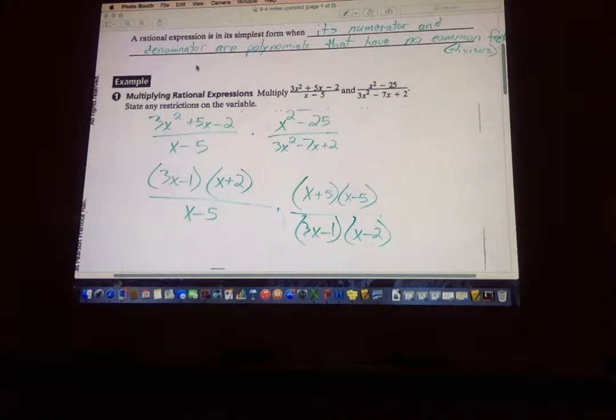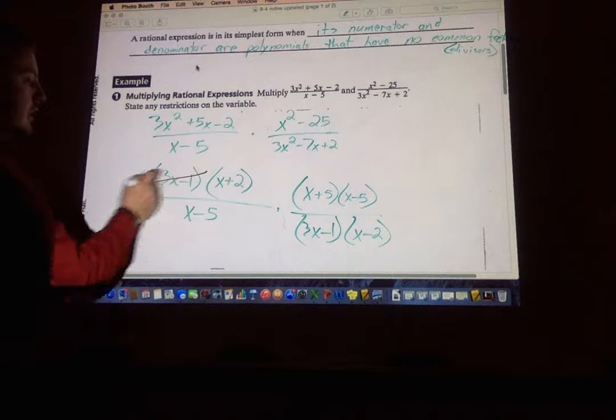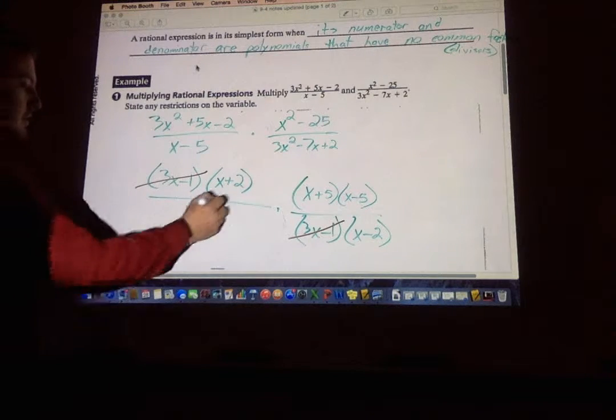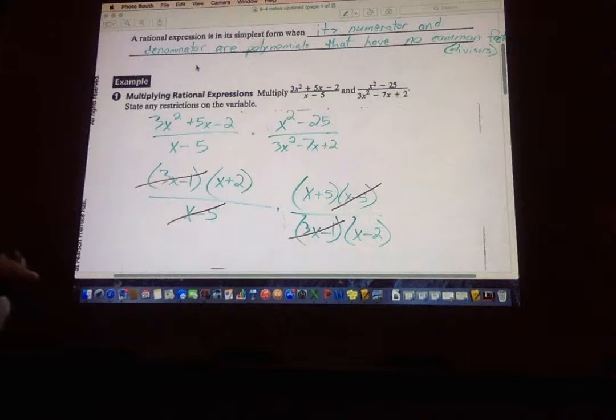All right. Once I've got that, now I can see a couple things that will factor out here. So I'm going to pick up a different color so you can see the difference, crossing out things that are opposites. So those two cancel. All right, the x minus 5s will cancel.